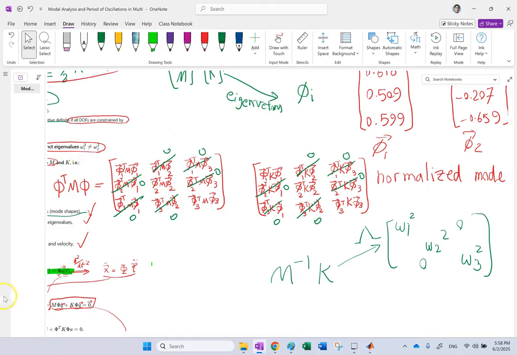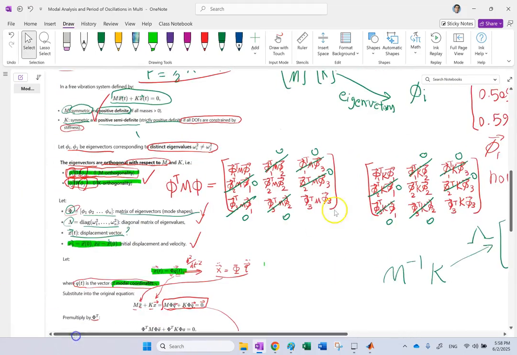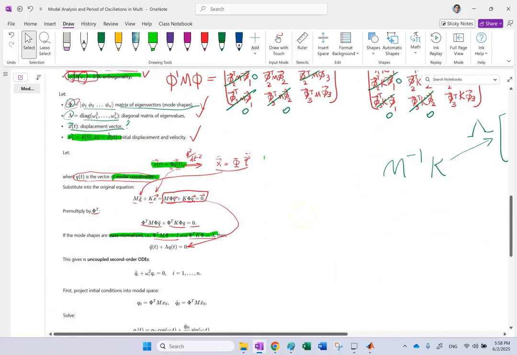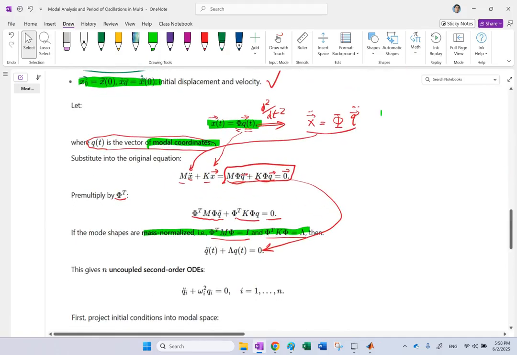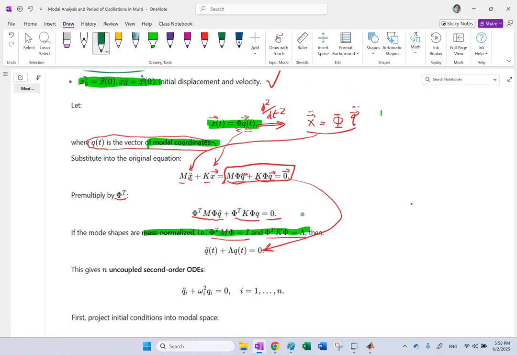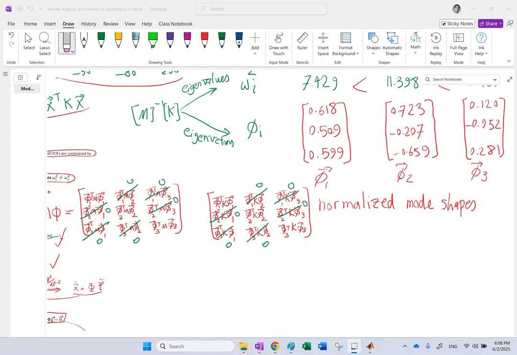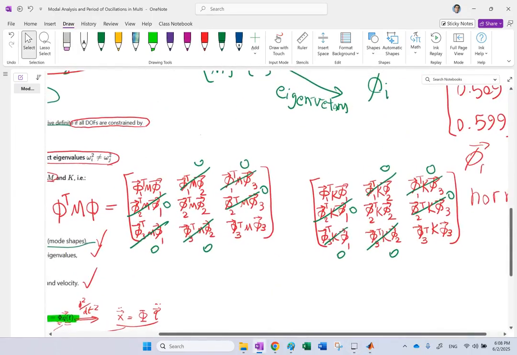Well, in this case, if I change my M matrix such that the diagonals become all 1, then all of the K's can become lambda. And you might say, well, how does that happen? Well, this is happening when it is mass normalized. And you might say, how do I mass normalize it? It's not very hard.